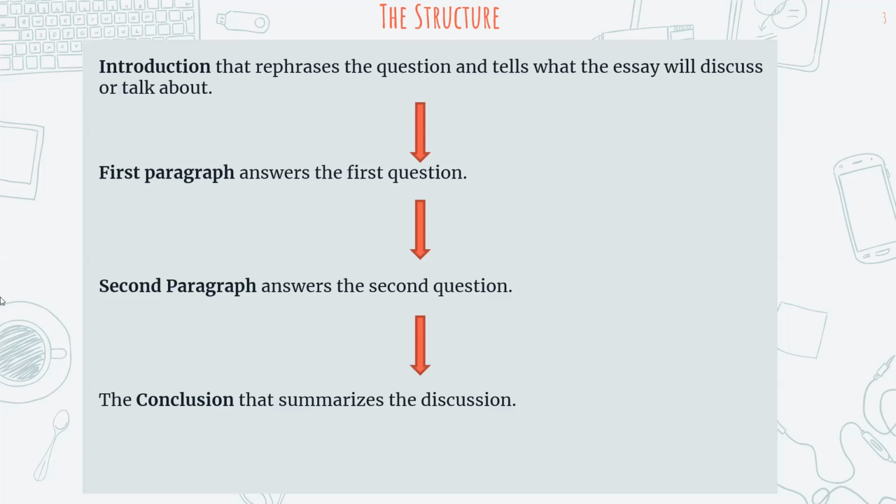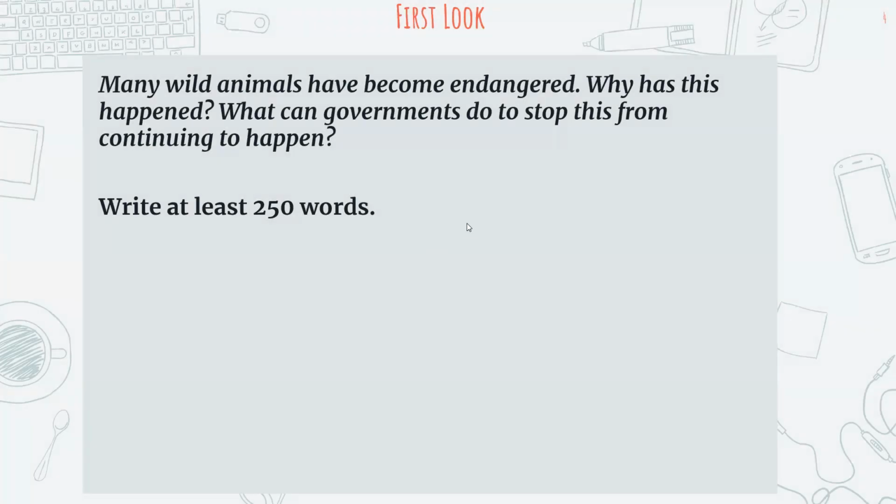Okay, so let's look at the first question, because we are going to see 2 examples in this lesson. Many wild animals have become endangered. Why has this happened? What can governments do to stop this from continuing to happen? So, as you can see, why has this happened? Of course, it says write at least 250 words.